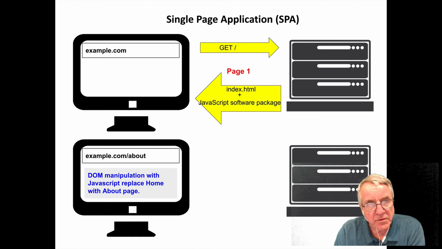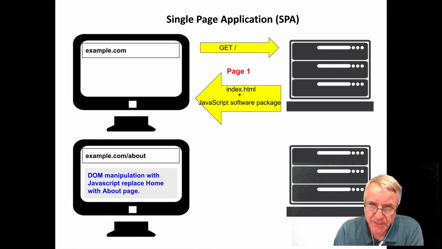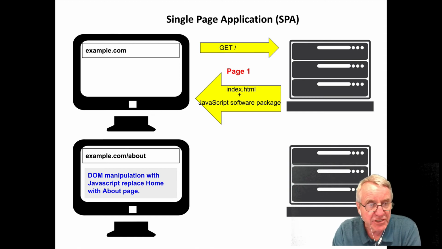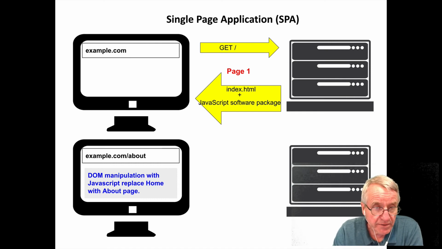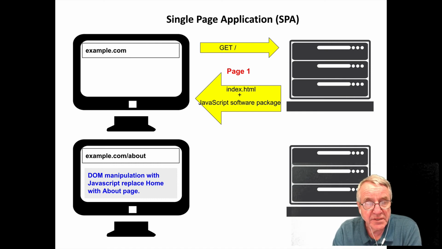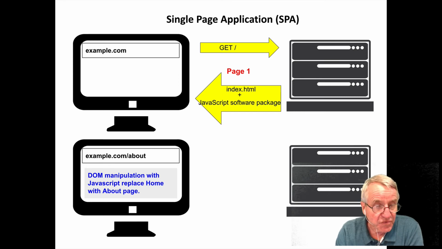The original index HTML page actually has just a single div tag between the body tags, and inserted into that single div tag are all the pages and components that are built with JavaScript, depending on the routing.